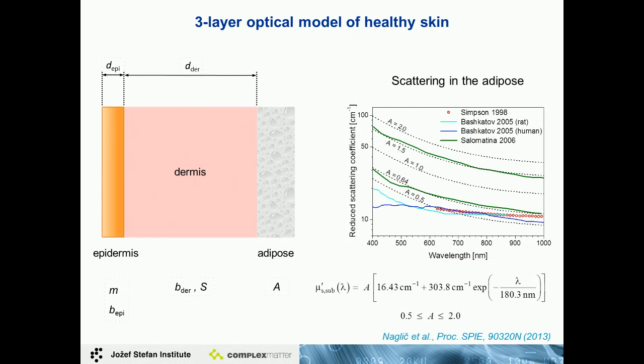So now we have two unknowns for the two thicknesses, the melanin content, blood, oxygenation, adipose amplitude, and we also allow a little bit of blood into the epidermis because it's going to encompass all the melanin available, so it's going to include a little bit of the papillary blood as well.